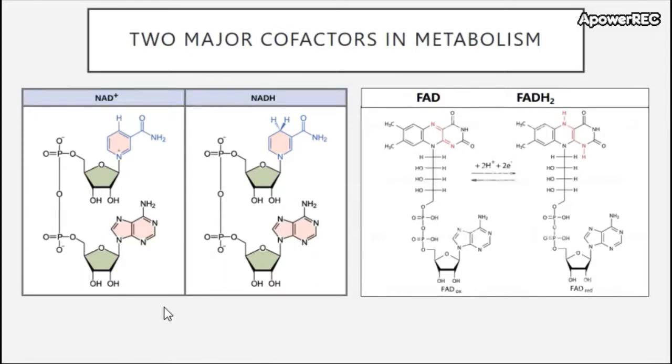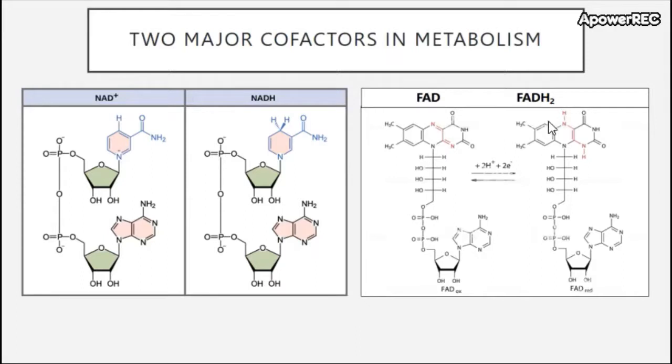For NAD plus and NADH, it's a little bit more apparent because the name NAD plus hints that there's a lack of electrons, because electrons are negatively charged, and we can see this molecule has a positive charge to it. That positive charge is because this nitrogen here has too many bonds, and so therefore it ends up being deficient in electrons.